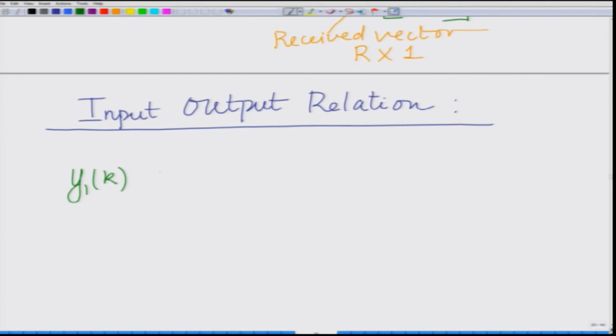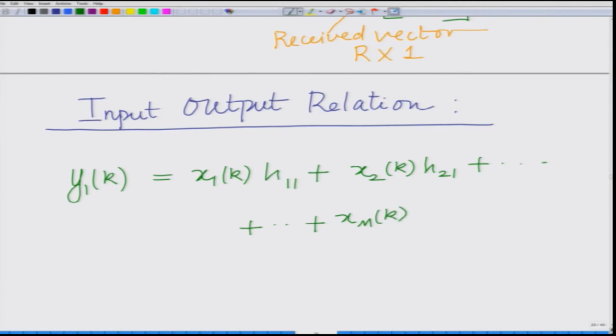This is given as x1 k h11 plus x2 k h21 plus so on, plus xM k hM1 plus v1 k, correct.